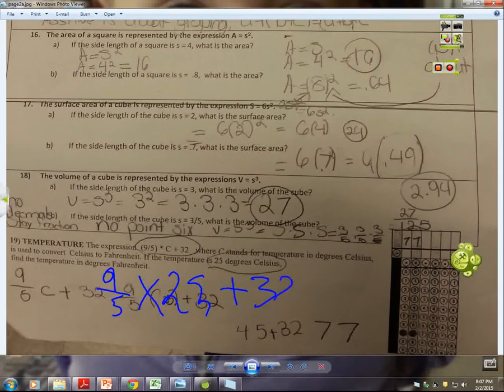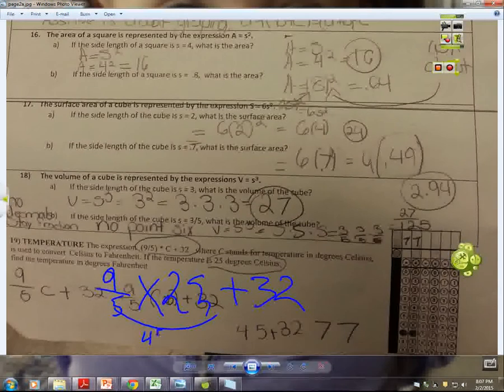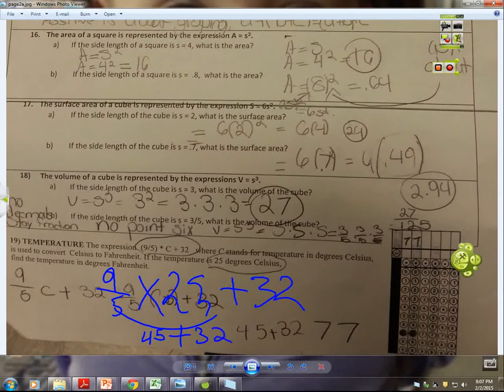So we have to find out what this is, 9 over 5 times 25 is 45. Or it's 1.8, plus 32. And then that equals 77.